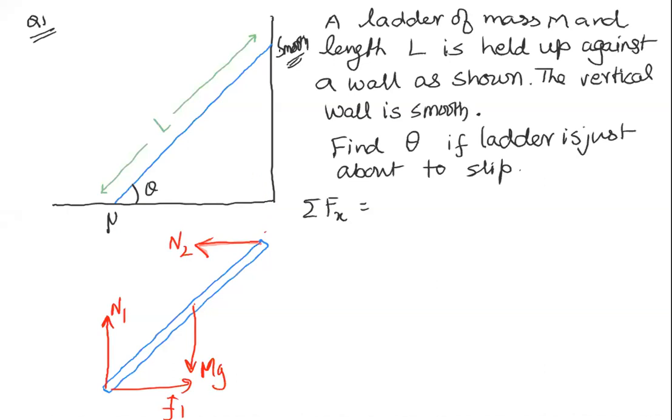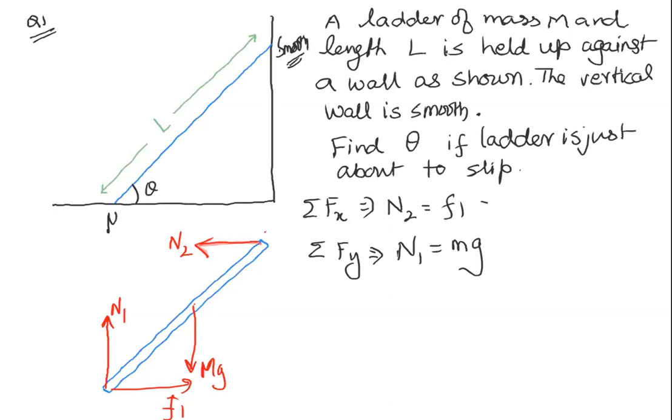Okay, so summation of Fx is 0. So this tells me that N2 is equal to F1. Summation of Fy is equal to 0. This tells me that N1 is equal to mg, right?